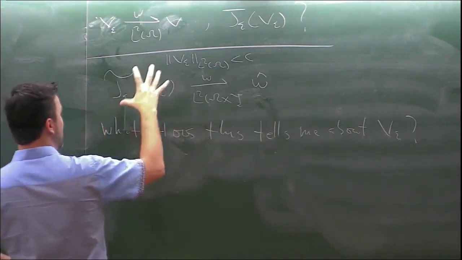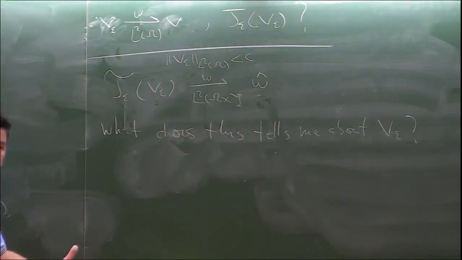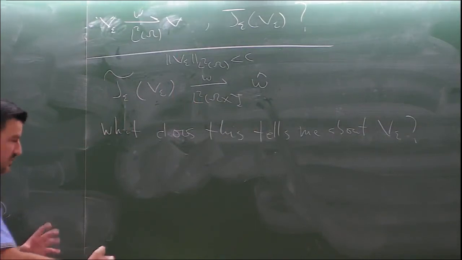This is my assumption. I have T epsilon of V epsilon weakly convergent to something. What does it mean to be weakly convergent? It means it converges in a product when multiplied with smooth functions, test functions, okay?